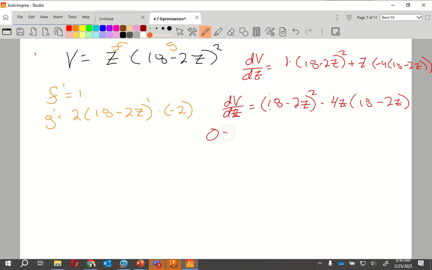They both have the same common factor, 18 minus 2z.